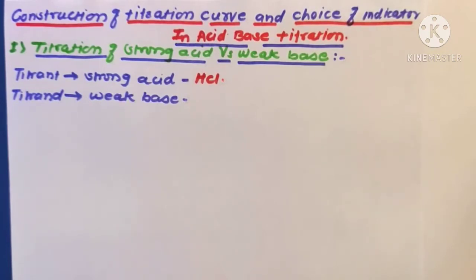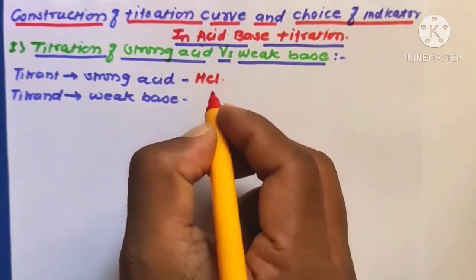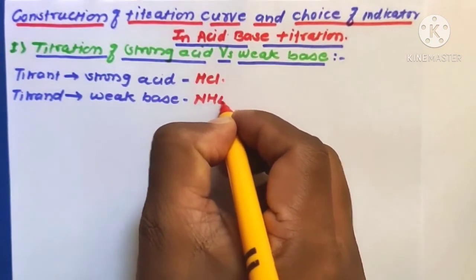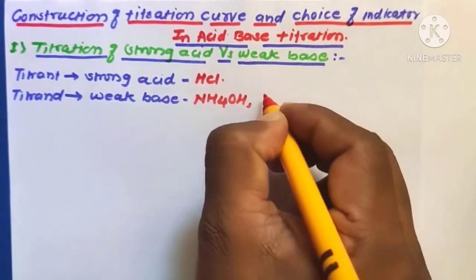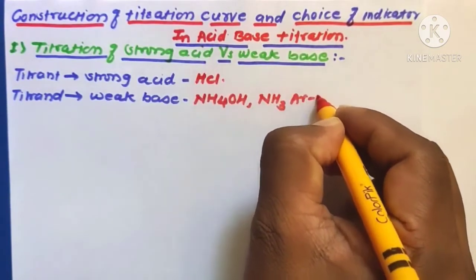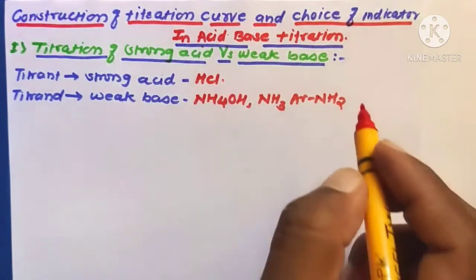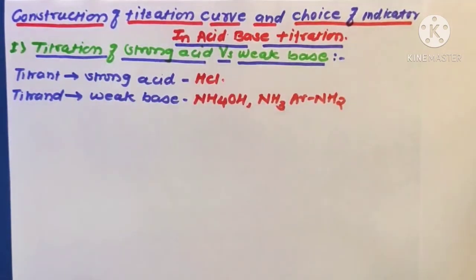These are the examples of weak base, here NH4OH. These are the examples of weak bases which can be used in this titration of strong acid versus weak base.